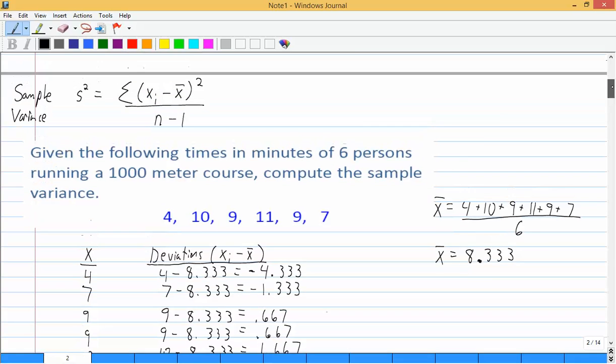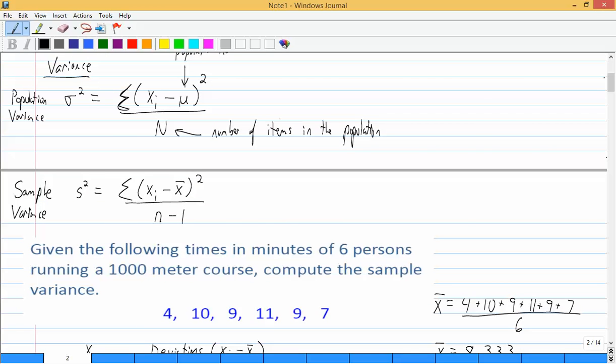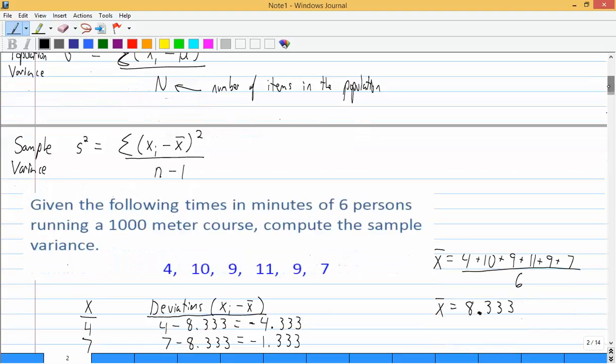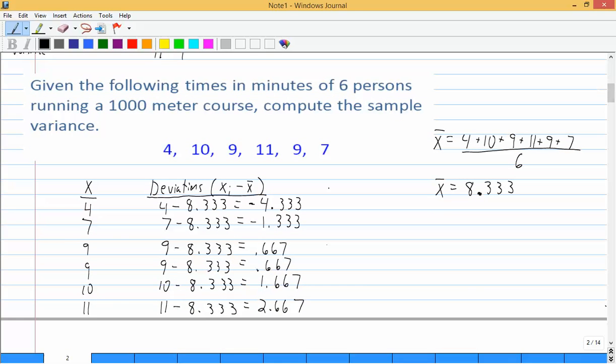Now, in our formula, if you remember, up here, we need the sum of those deviations squared. So, what I would suggest doing is make another column that is the squared deviations.